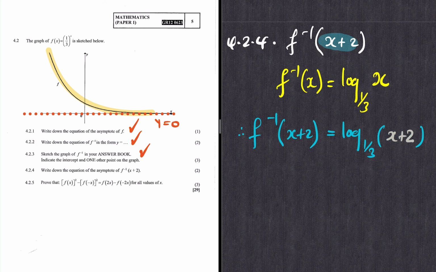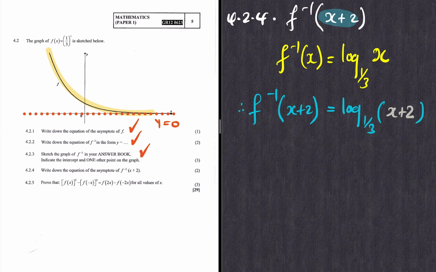So they want the equation of the asymptote. So what is the asymptote? The asymptote occurs when the argument is 0. So what's the argument? The argument is the part inside the log. When that part is 0, this is going to be undefined. Remember that the asymptote is either a vertical or a horizontal line, or even a slanted straight line if you are dealing with higher complex functions.